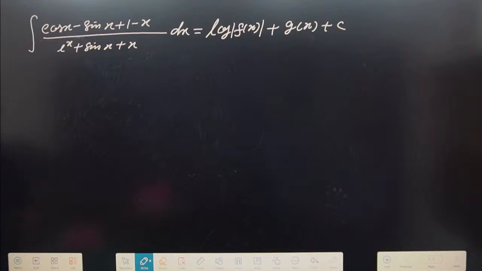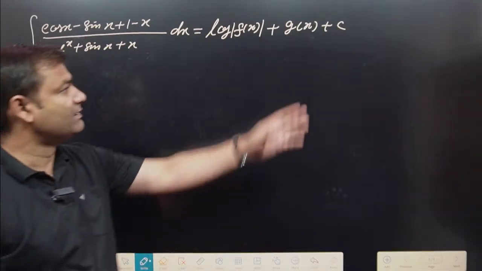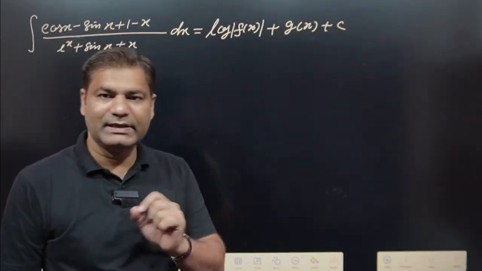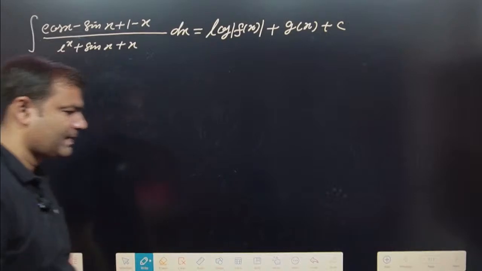And that one, c, is basically a constant. So our target is f of x and g of x. How can we determine them?